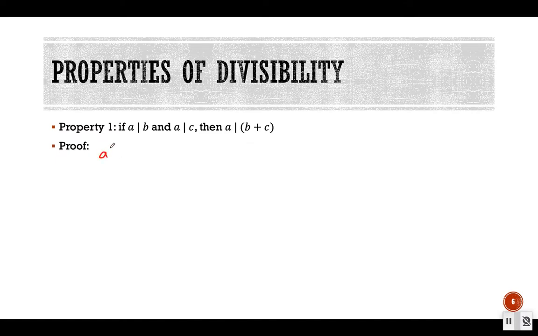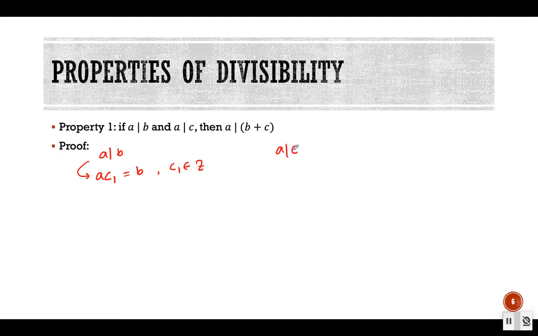So we are saying that a divides b. So that means we can represent it like that, a times k1 equals b, where k1 belongs to some integer number. And again we are saying that a divides c.